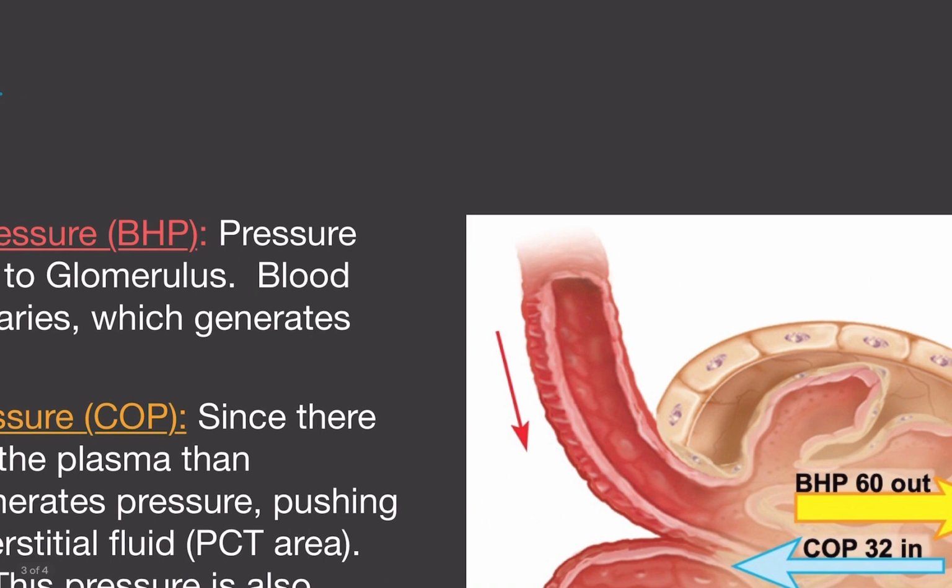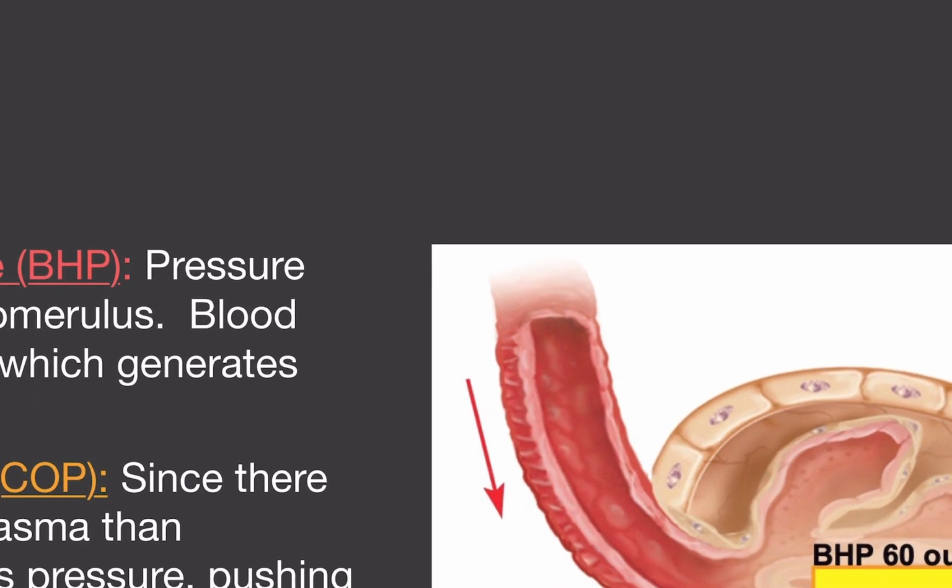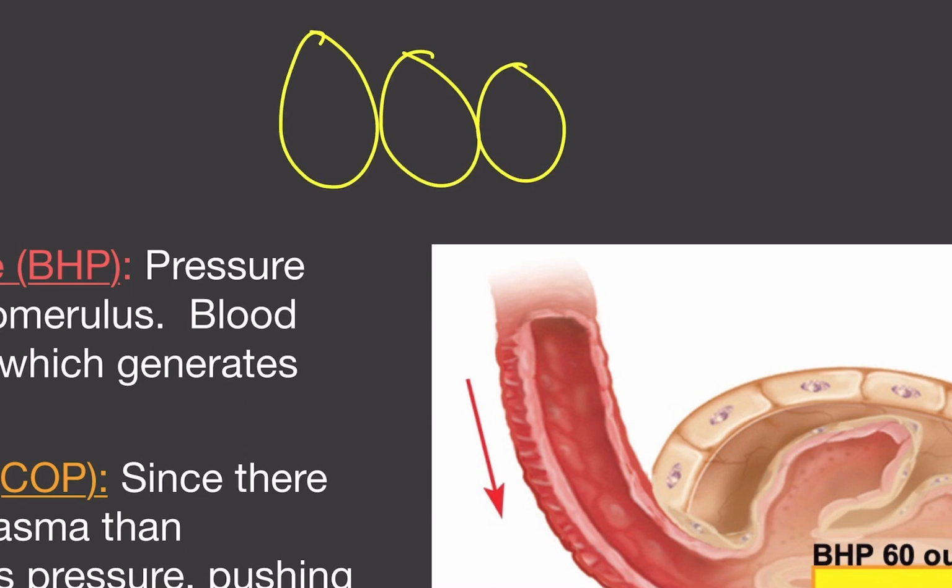So say we have proteins here, and this is the interstitial space, and this is the blood. The yellow stuff is proteins, so let me draw proteins here.